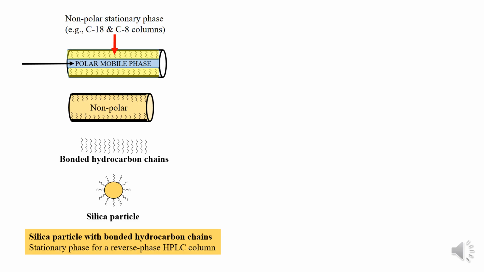The number 18 indicates the total number of carbon atoms in that aliphatic chain. So 18 carbons in case of octadecyl column, and in case of octyl column, the aliphatic chain is constituted by 8 carbons.